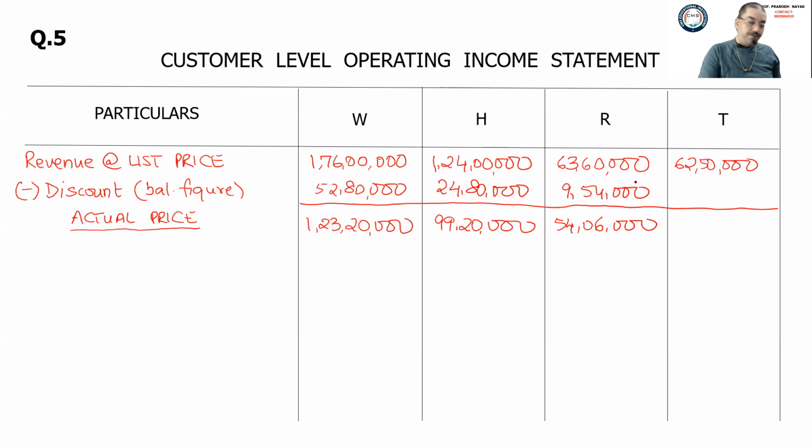And the last one, 900 into 25 into 250 is 56 lakh 25,000 actual price. Minus 62 lakh 50,000, 6 lakh 25,000. This is the difference between the actual price and the list price, the discount. Less from that.